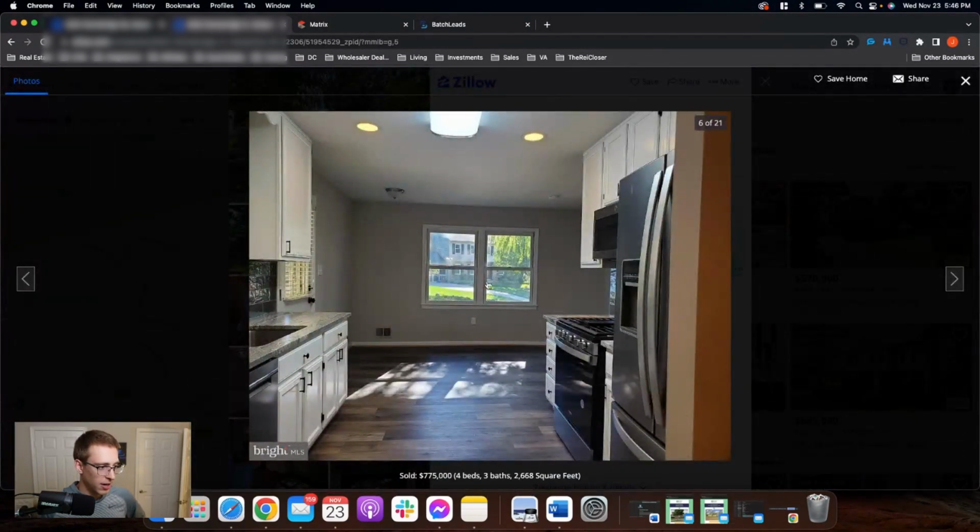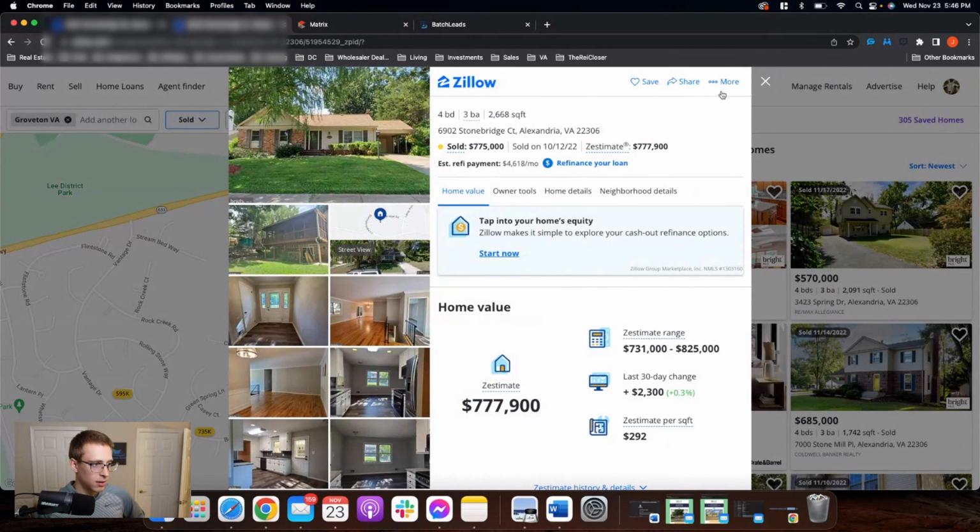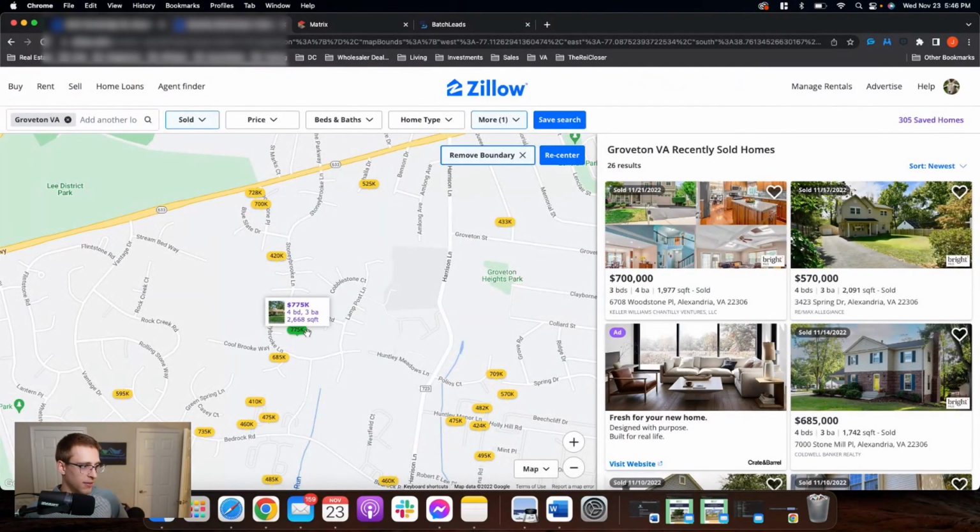Like it's definitely very nice, but I wouldn't say it's a full-blown update. And we can check to see if an investor bought this here in a little bit, but that was 775. She said 825 to be conservative, but I'm not seeing anything in this neighborhood in the last 90 days that went for 825.